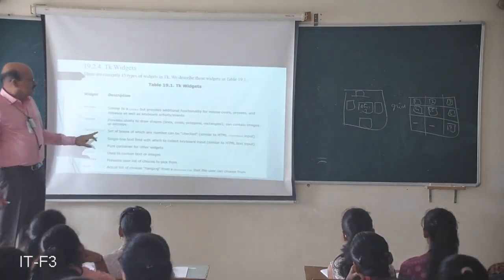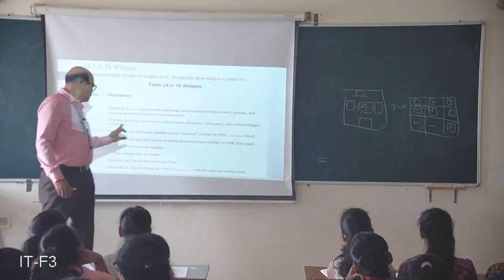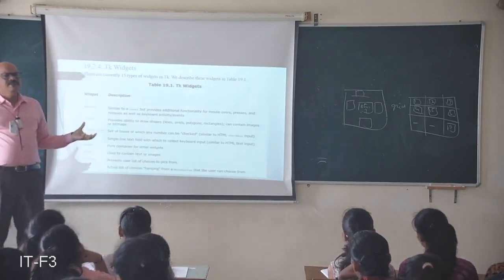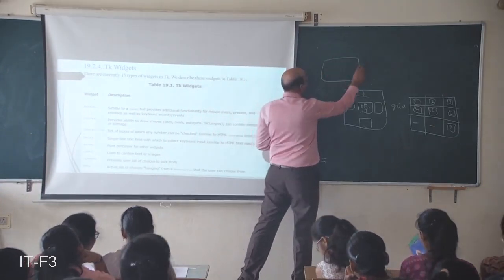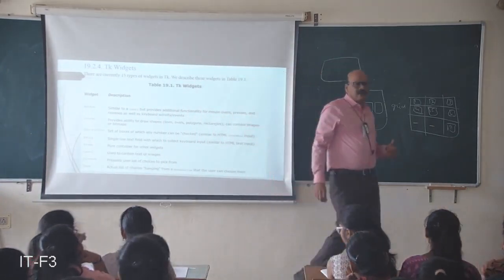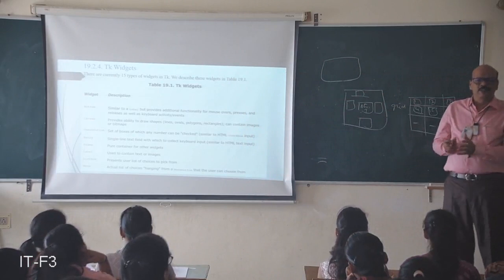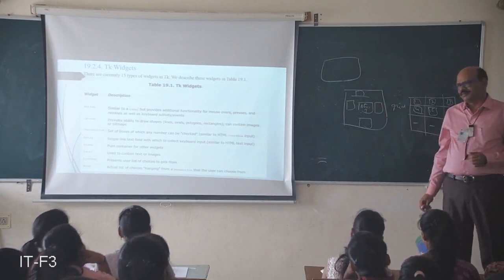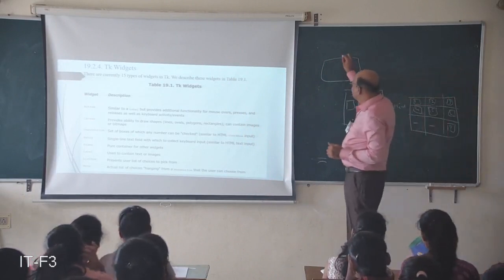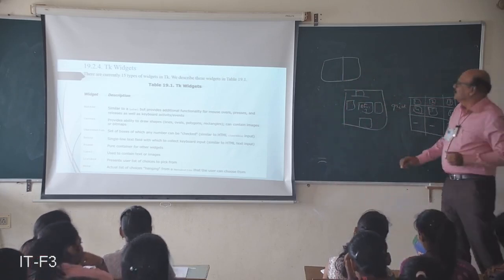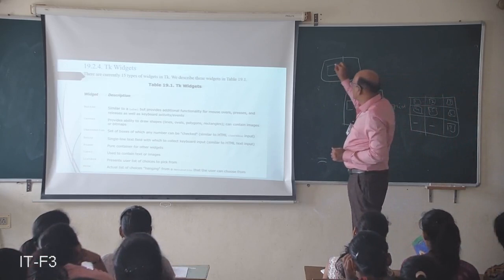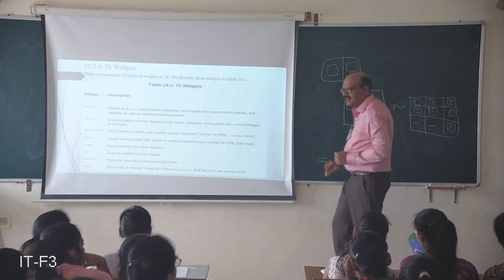So canvas. Inside this window, I want to divide this window into multiple sub applications. Say, for example, I want to divide this into two partitions. Here I want to use it for one thing, and here I want to use it for something else.